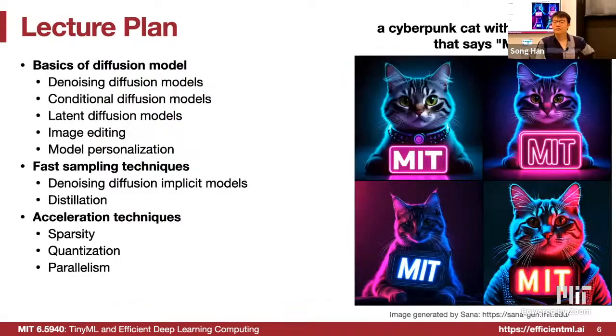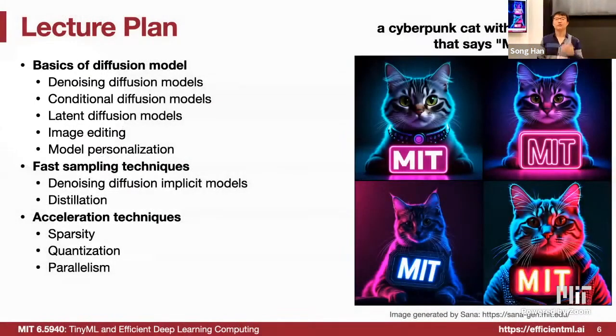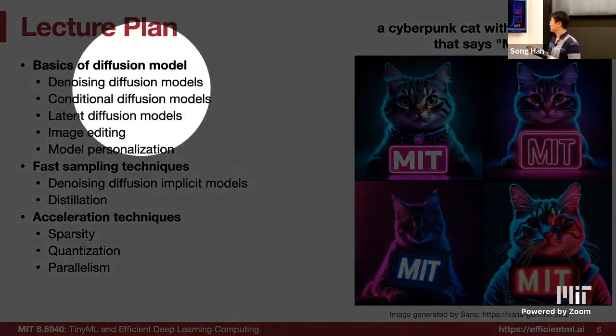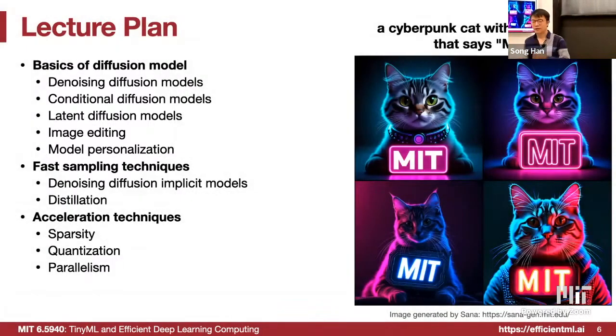So here's the agenda for today. We are going to first talk about the basics of diffusion models. In order to accelerate it, we need to first understand how diffusion models work, including denoising, conditional diffusion models, latent diffusion models, image editing, and personalization.